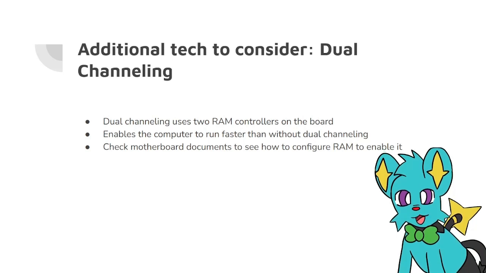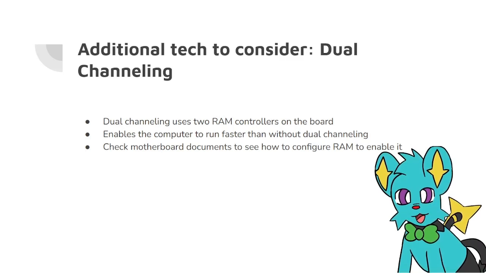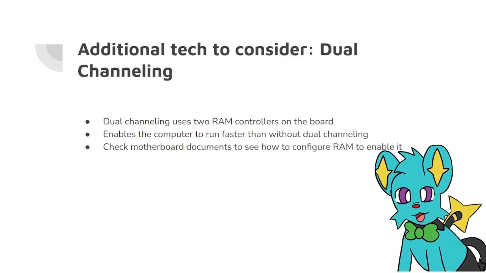You'll also want to look into the idea of dual channeling, which is setting up the RAM on your motherboard in such a way that each one is using both RAM controllers on the system, because there's more than one RAM controller built into the motherboard, and it's usually paired off, so the first 2 slots are for one controller and the second 2 slots are for the second controller.